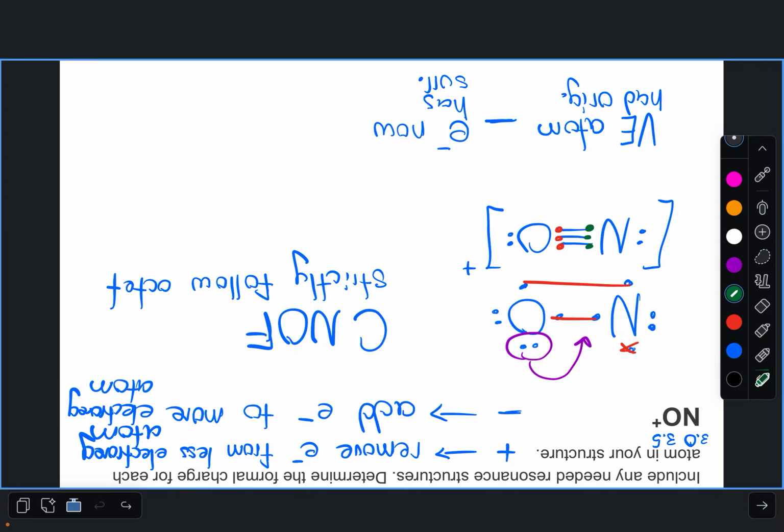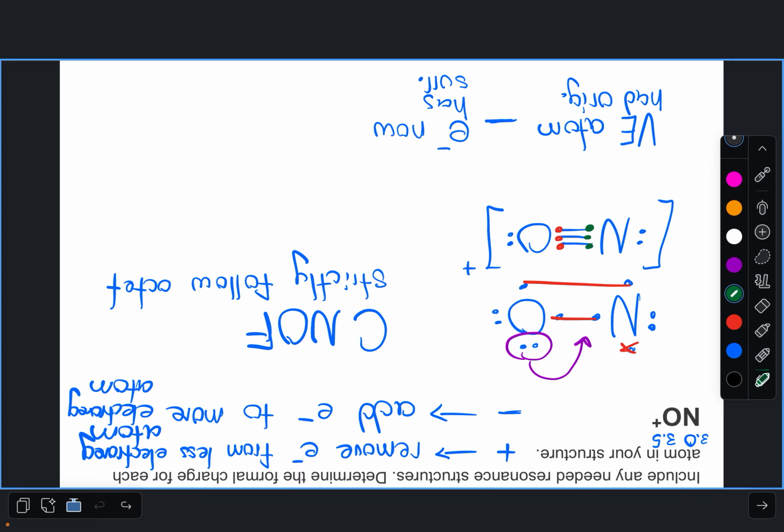Each bond is made up of 2 electrons. We usually think of it as one coming from the oxygen and one from the nitrogen. In this case, we know they both came from the oxygen, but we're going to separate those out and count how many it has now. It's almost like valence electrons that it has once it's in the molecule. That's how I describe it in the equation form on the previous page.